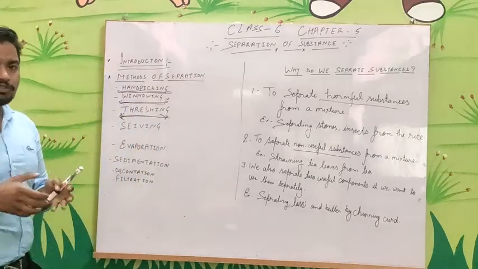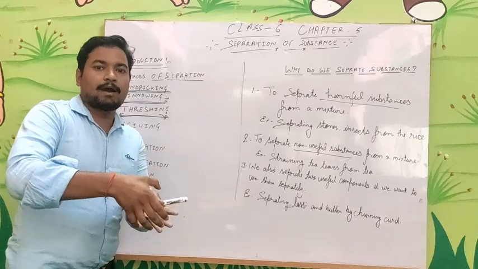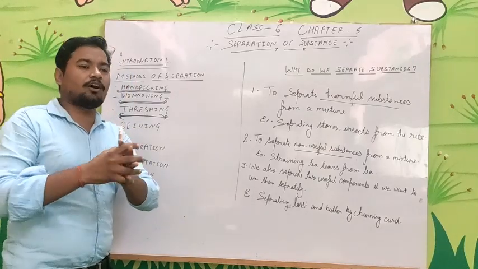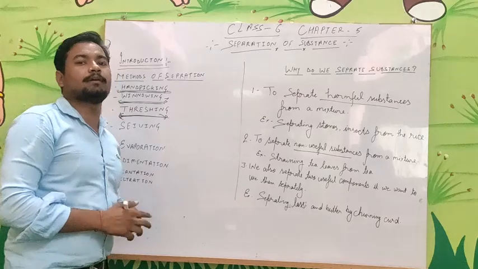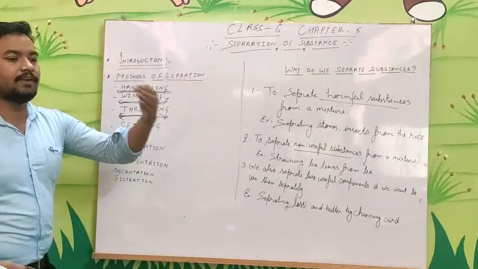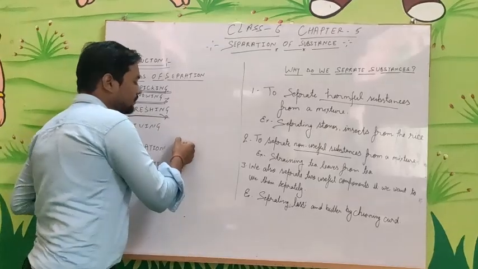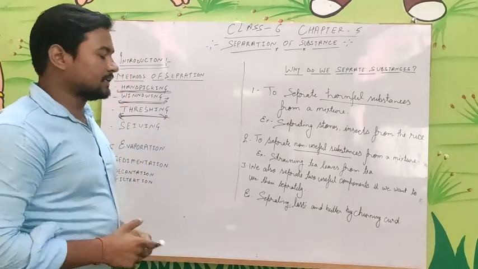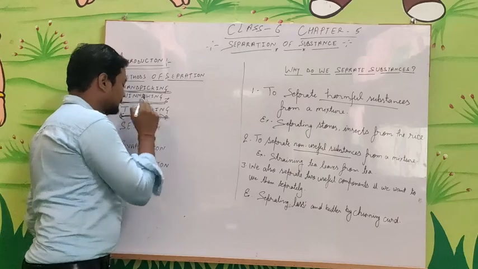The farmer takes a small amount of husk with stalks and beats it with a heavy stone or other object. Then the wheat is separated from the husk and stalks. This process is called threshing.